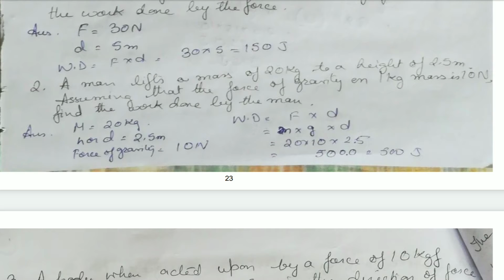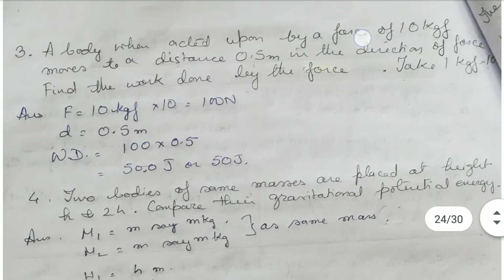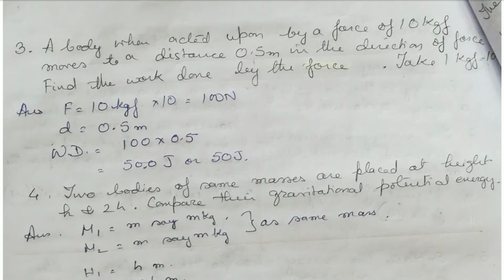Force means mass into gravity. So mass is 20 kgs, g, that is force of gravity, is 10, and 2.5 is the distance. So 500 joules.